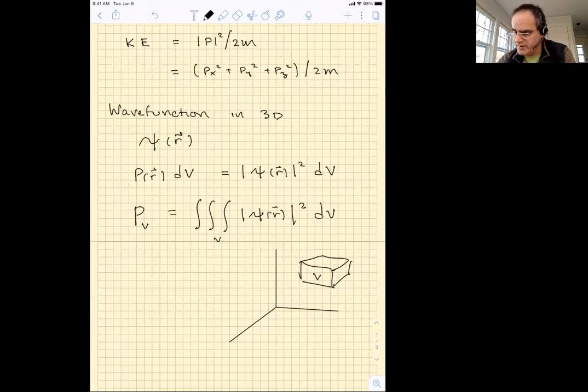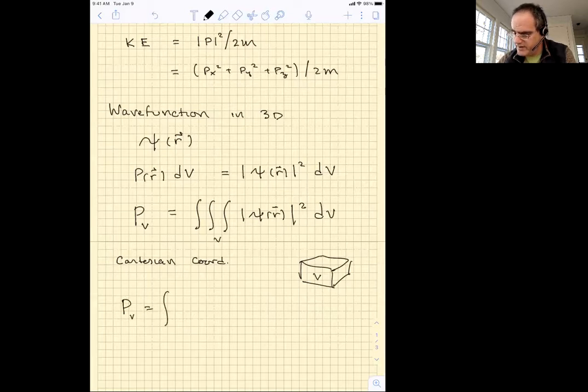In Cartesian coordinates, we might write this as, I'm sorry, I'm going to have to erase part of my drawing here. We might write this way.